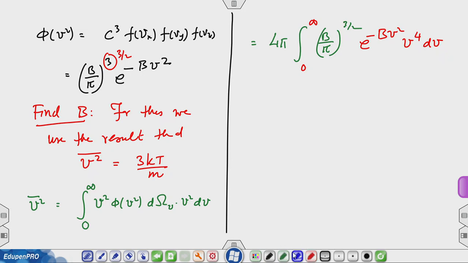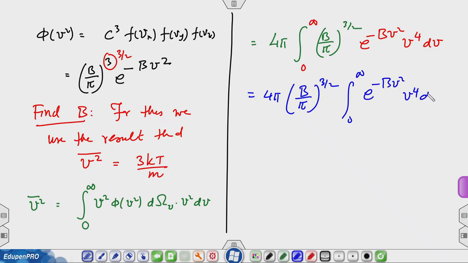So I get 4 pi, b over pi raised to 3 by 2, integration 0 to infinity e raised to minus b v square v raised to 4 dv.